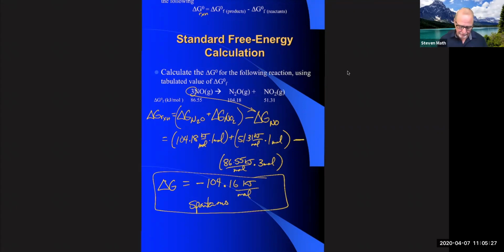Thermal decomposition of NO breaking apart to N2O and NO2. So these are two forms of calculations. In the first one, we actually did delta G equals H minus T delta S. And in the second one, we did products minus reactants.